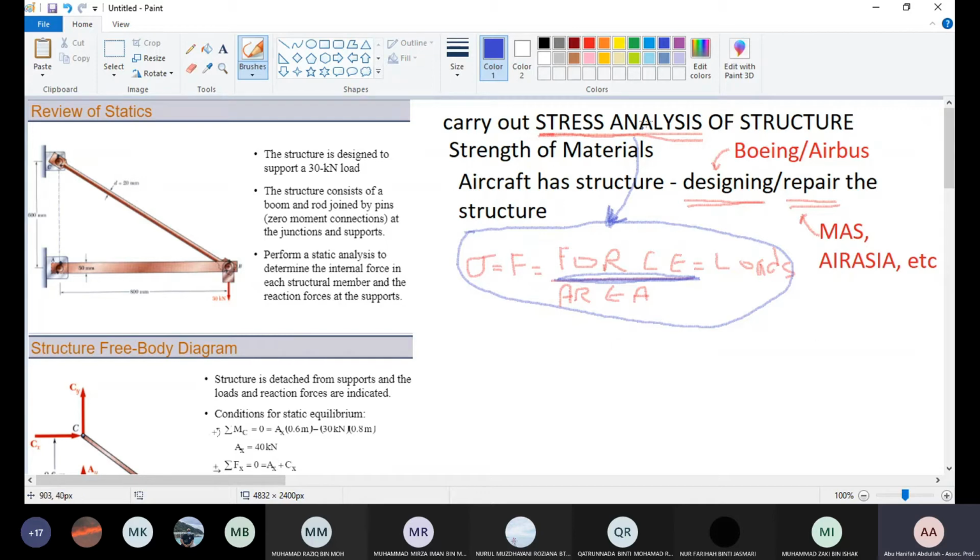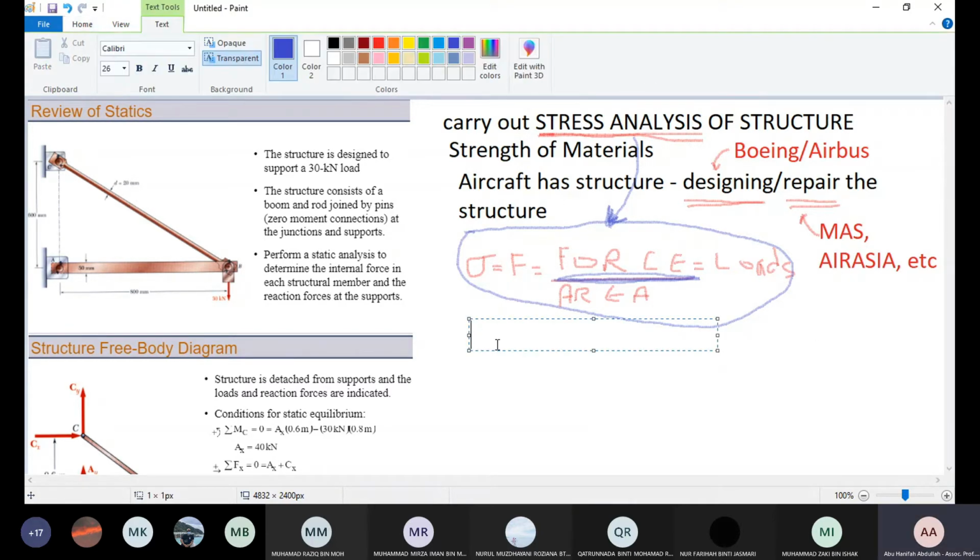Very simple. Okay, the tricky part, the main problem, is determining the forces.